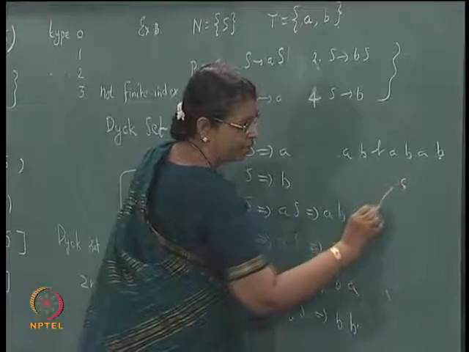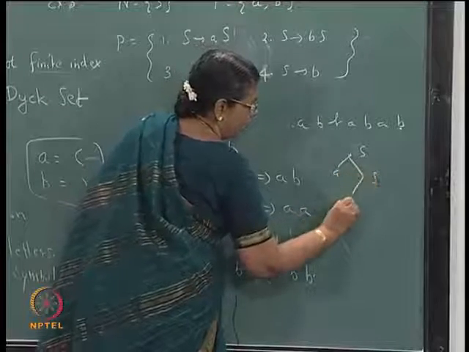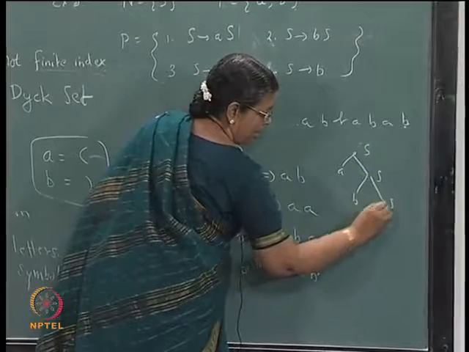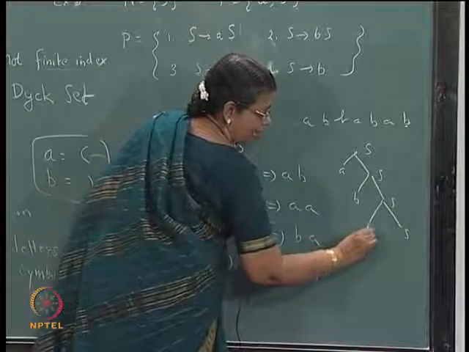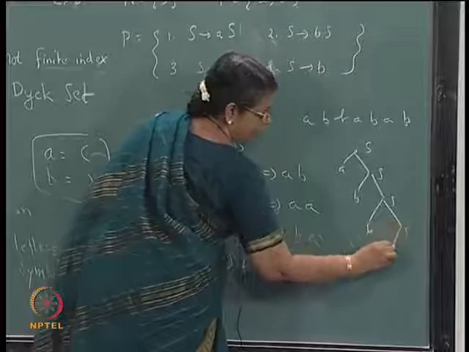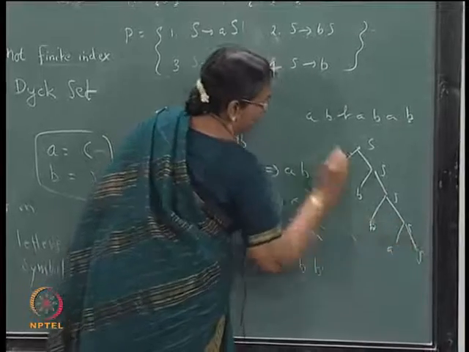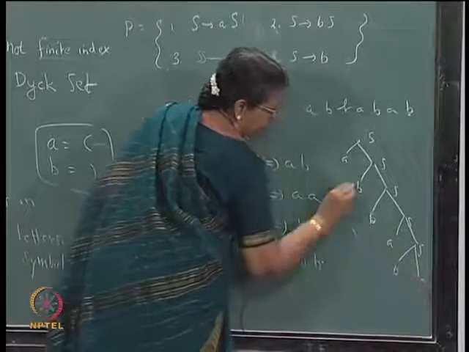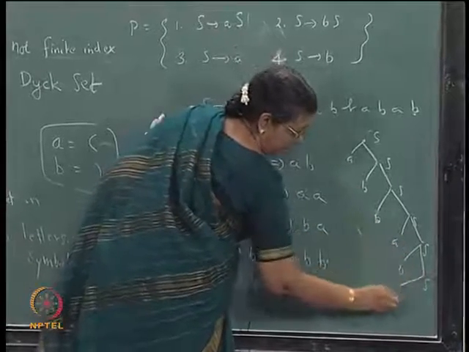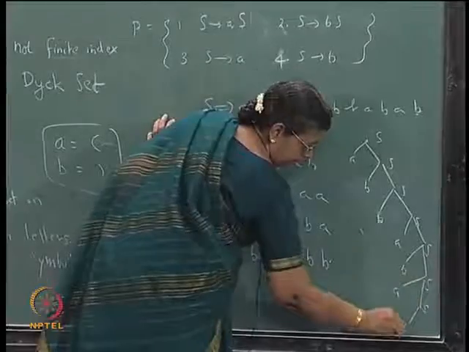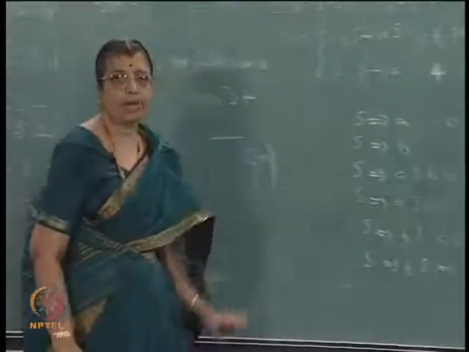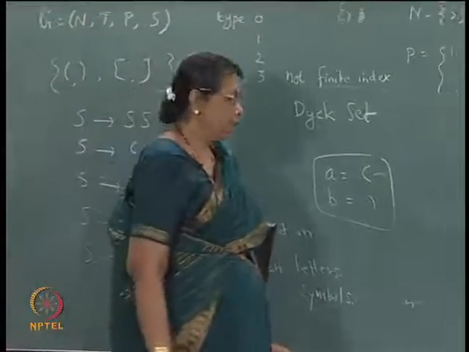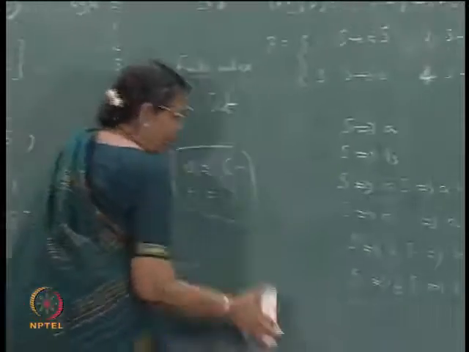It has a special structure, you can see that. So any string of A's and B's will be generated.